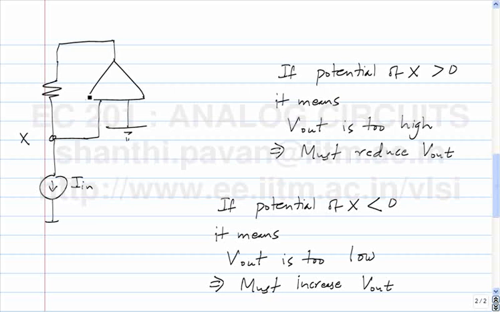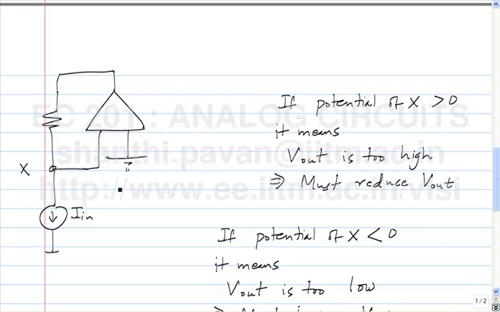Does this make sense? So now can you help me figure out what the signs on the op-amp must be? If the node potential at X is greater than 0, it means what? V out, the node potential at Y is too much. It must be brought down. So what does it mean?